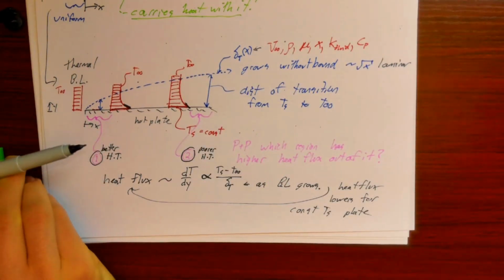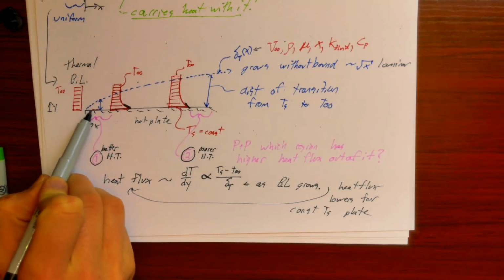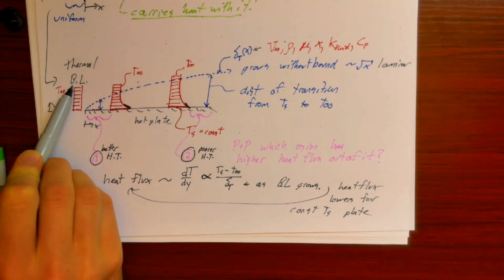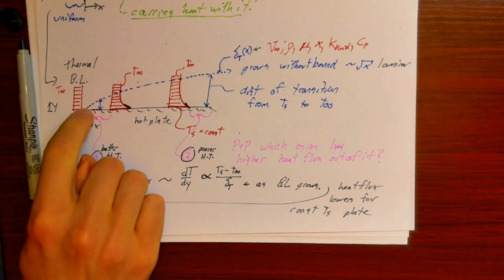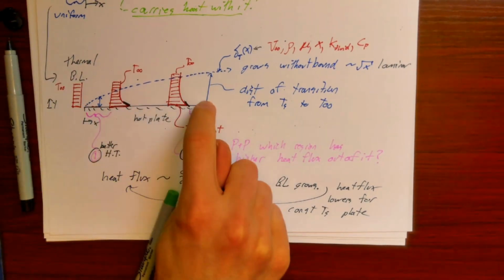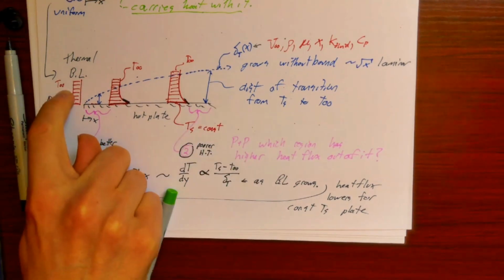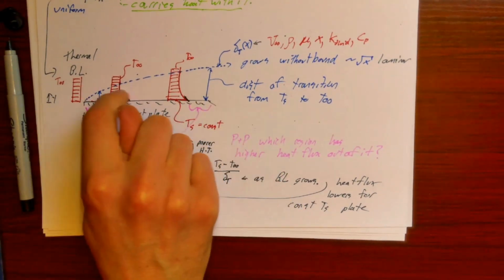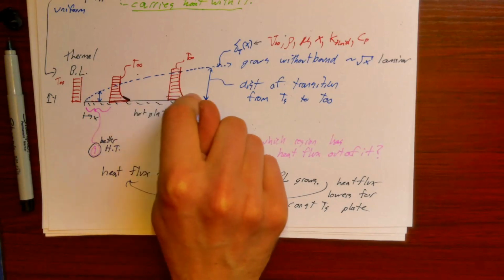We can also think about it this way: this upstream region of the plate gets basically fresh, cold fluid flowing right next to it. But this downstream region of the plate doesn't get that fresh fluid. It gets all of the upstream junk, the slightly warmed up fluid that was flowing over it.